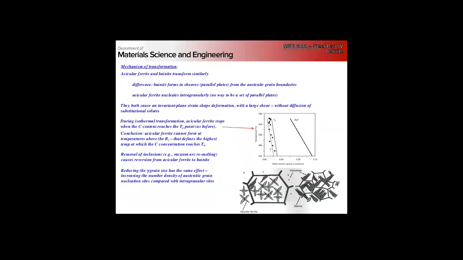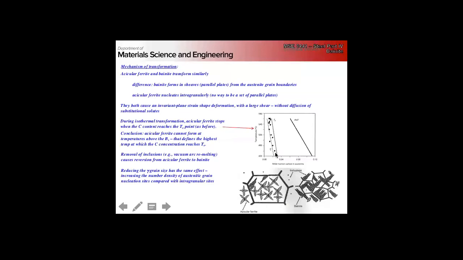And so it grows into this disorganized structure of plates because there is nothing forcing it to be nice and regular. Remember, bainite forms with a Kurdjumov-Sachs-like orientation relationship, right? And we see the same thing, right? We see growth, right? We're limited by the T0 carbon concentration, right?